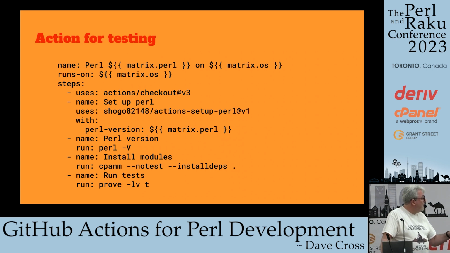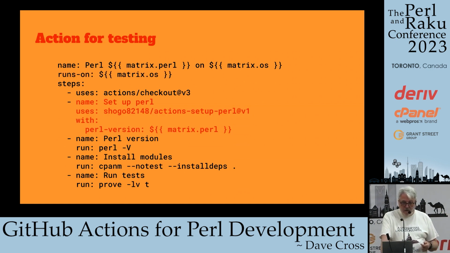And the interesting things to pull out here are the name actually has variables in it, so it tells you that it's running on a particular version of Perl on a particular operating system. It then changes the name of the container that it's running on, depending on where it is in the matrix looping.